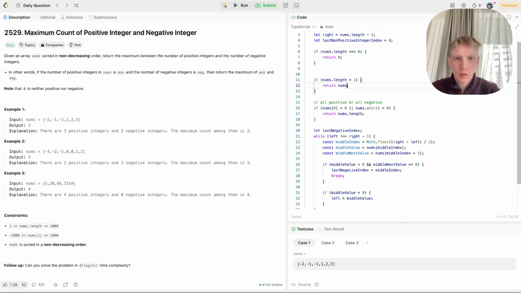Return nums. If it is equal to 0, then we will return 0, in other case return 1.